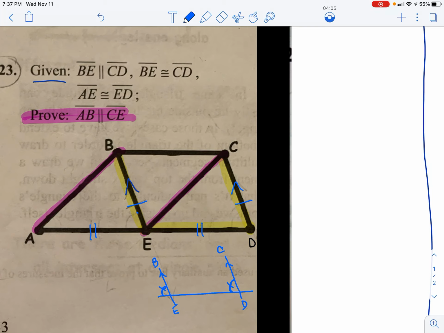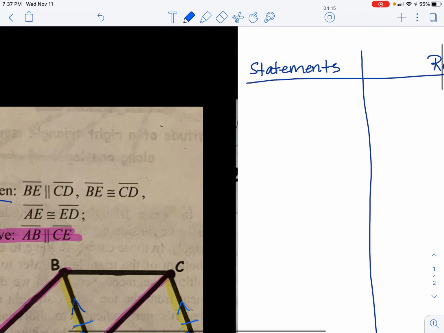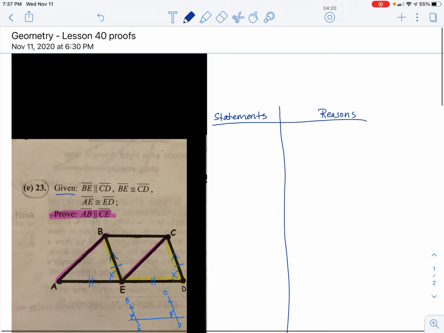So what that tells us is this angle and this angle are corresponding angles and are congruent. That's something we're going to write in our proof over here.